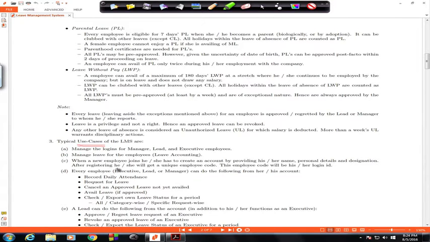For example, here it says every employee of every kind can do the following from his or her account. So, that clearly relates to the different responsibilities that you have.